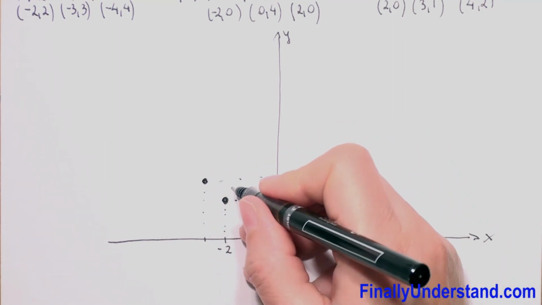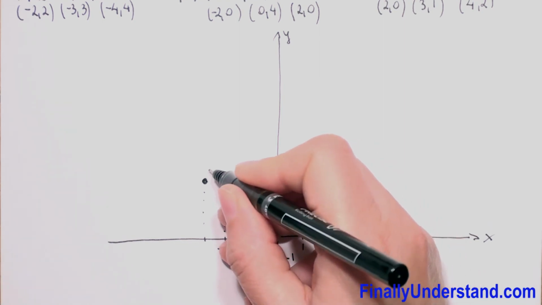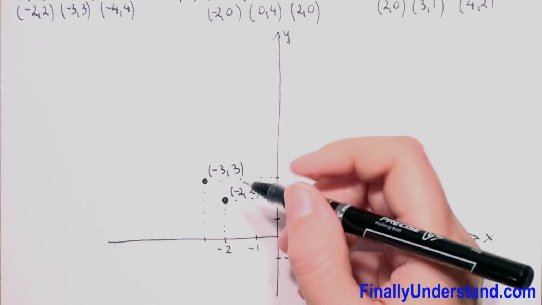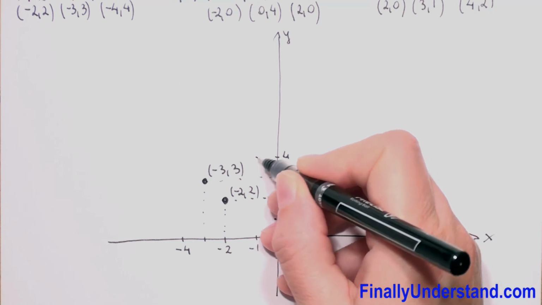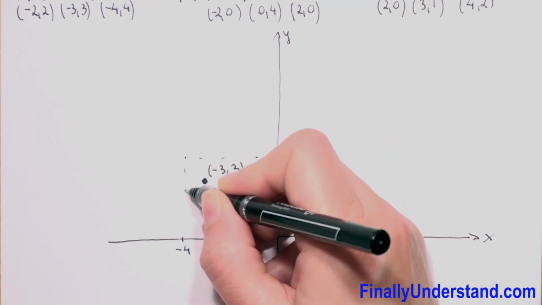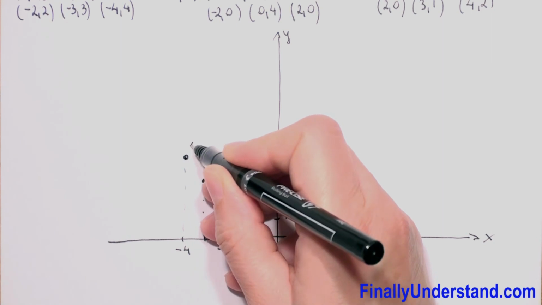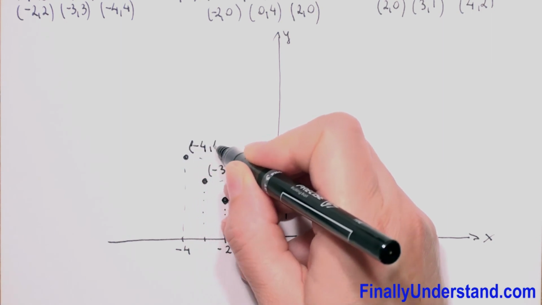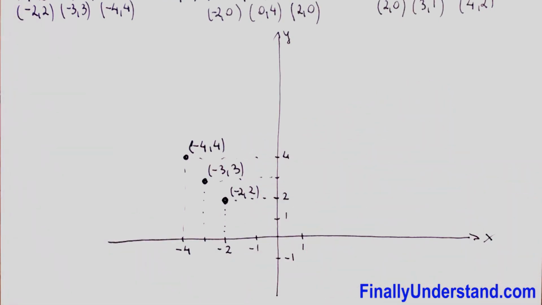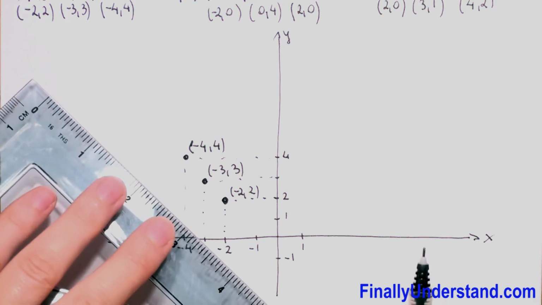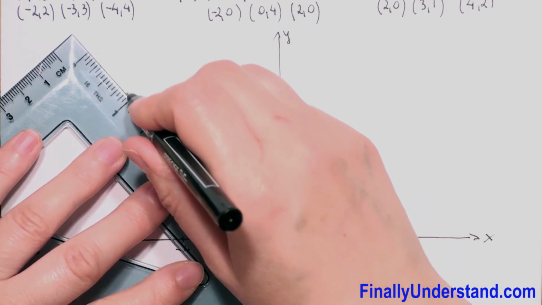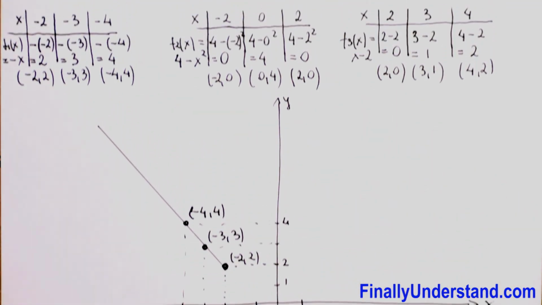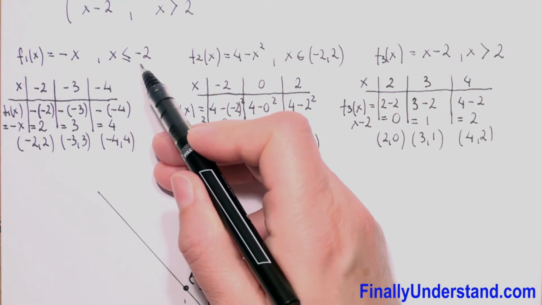The third point is -4, value 4. Now we can connect these points because our function is a linear function. The graph is a straight line, and the domain for this part was x less than or equal to -2.